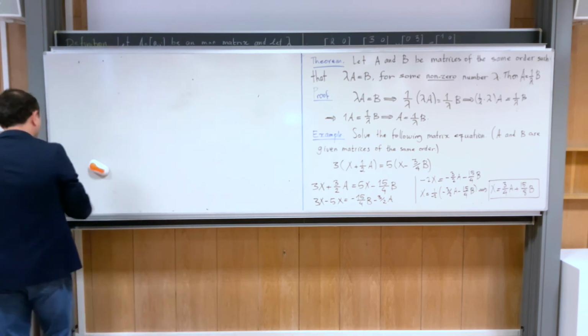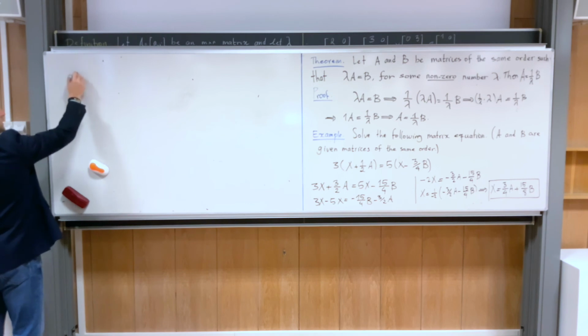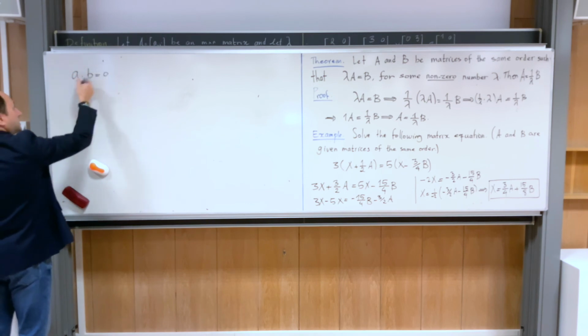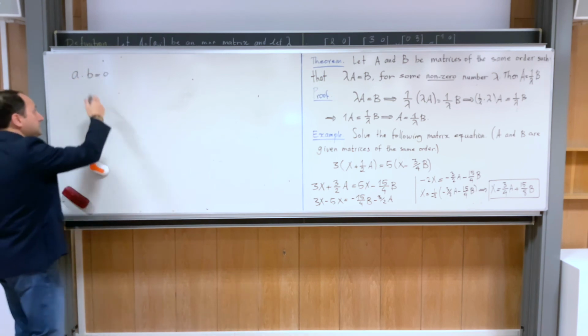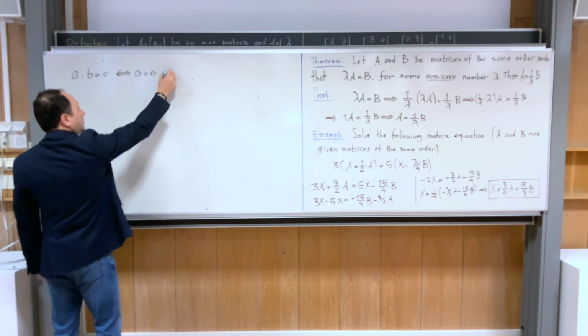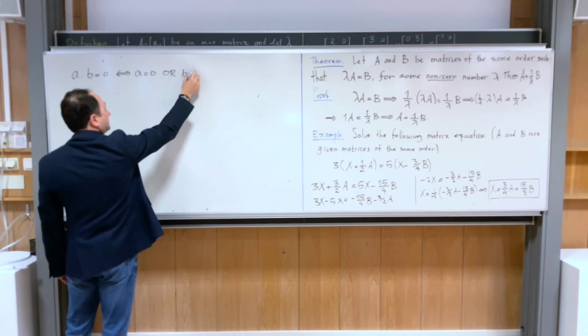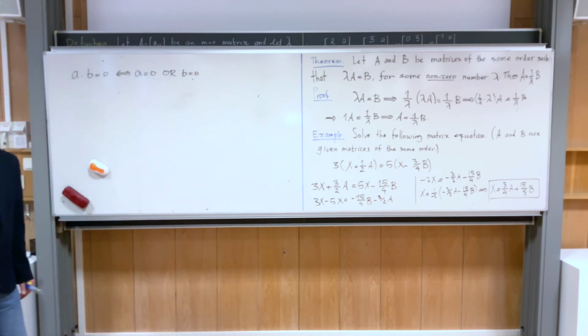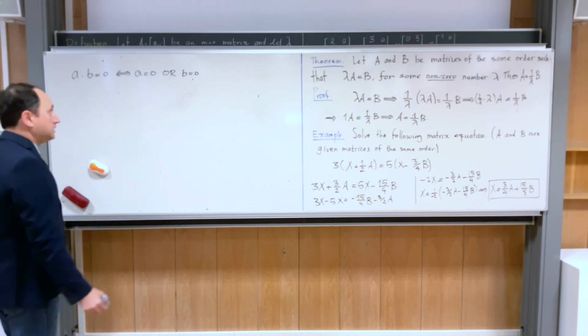Do you know that for numbers, a times b is equal to the zero number if and only if either a is equal to 0 or b is equal to 0? Yes? So the same is also true for scalar multiplication in matrices.